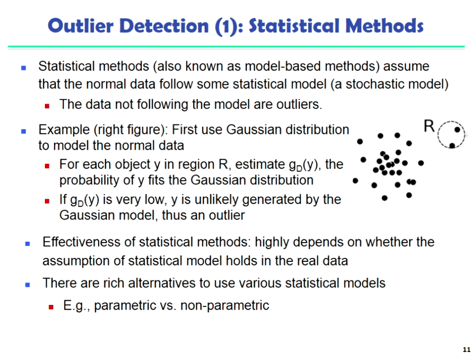Another method is a proximity-based method. So how can we use proximity-based methods to detect an outlier? In proximity-based methods, there are two major types of proximity-based outlier detection. What are these types?